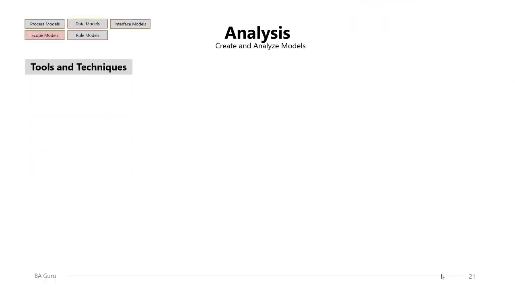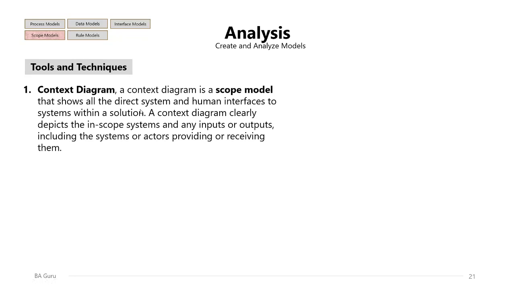Now, when it comes to the tools and techniques used in this process, we are going to cover 5 categories of the models you might create in this process. So you will find a navigator on the top left of this page. We will start with the scope models, and starting with the most popular scope model, which is the context diagram.